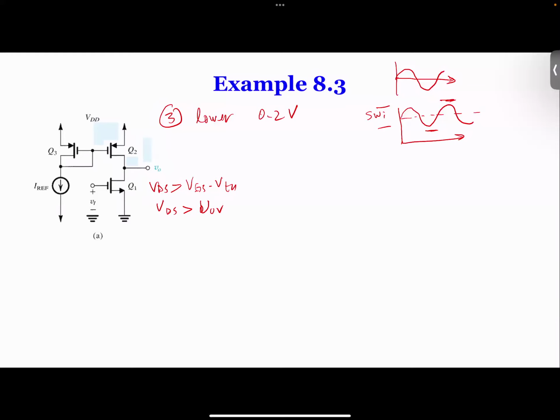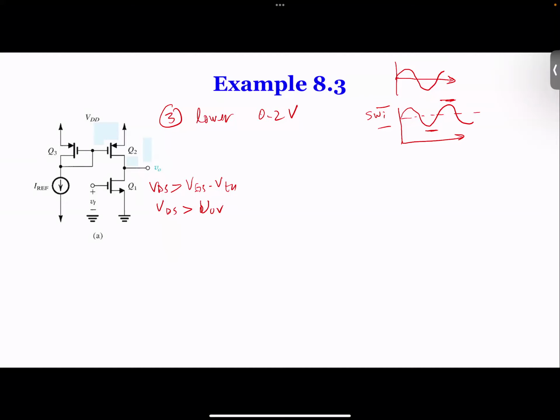Now for the upper range. Our upper range is limited by VDD, right? Can VO reach VDD? You cannot, because if VO is VDD, your VDS on the top transistor is 0, which is less than VOV. So you run out of saturation.